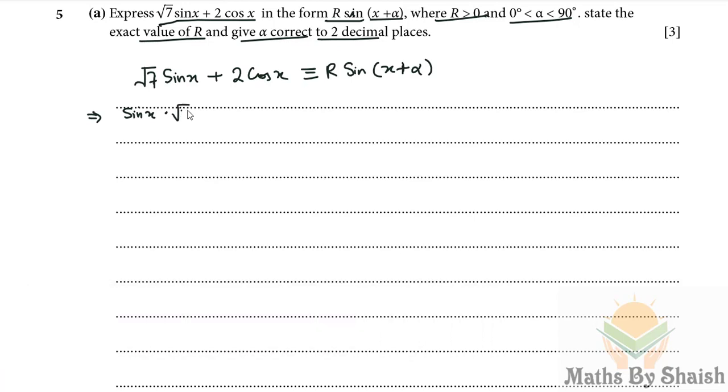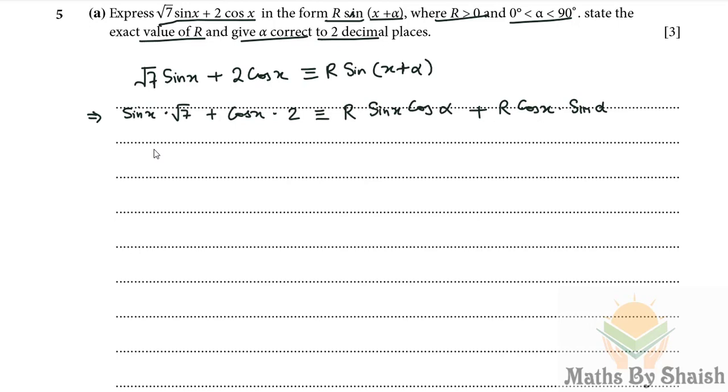multiplied by root 7 plus cos x multiplied by 2, and we can equate it with r sine x cos alpha, because r will be multiplied everywhere, plus again r cos x into sine alpha.